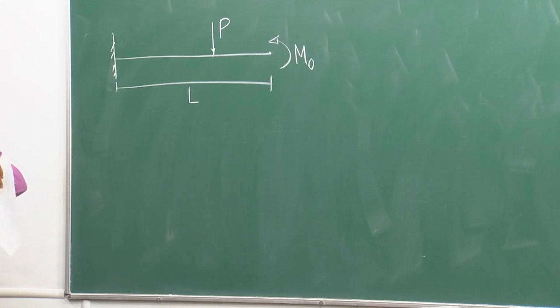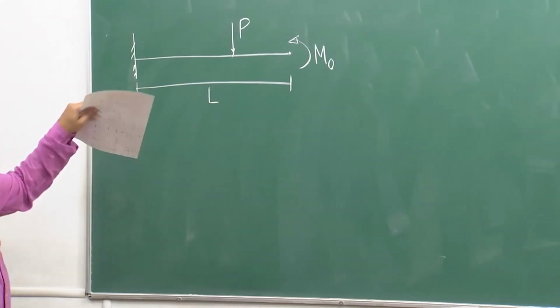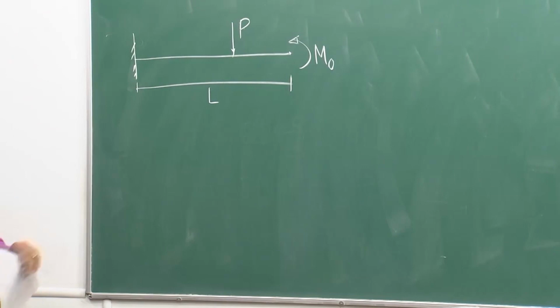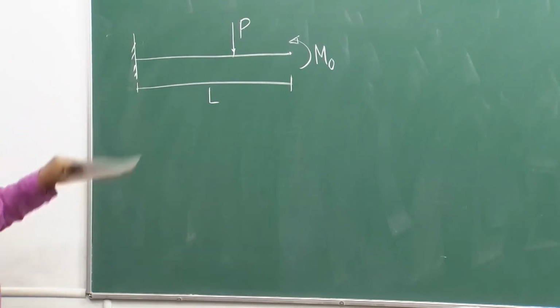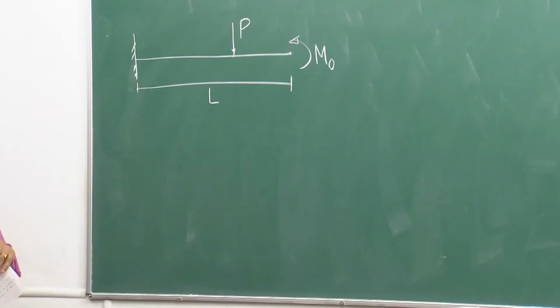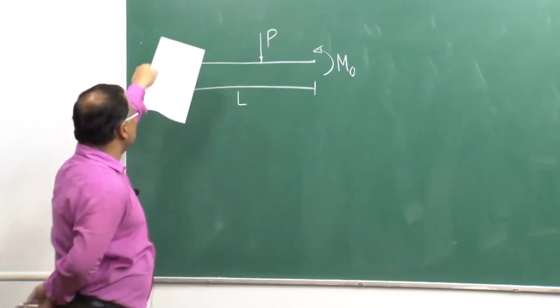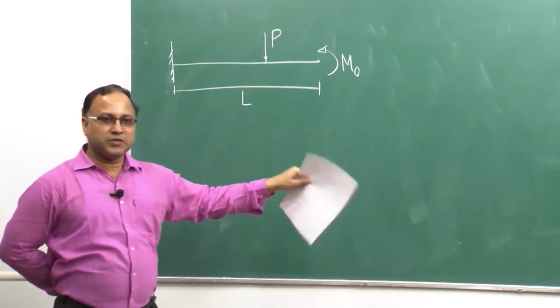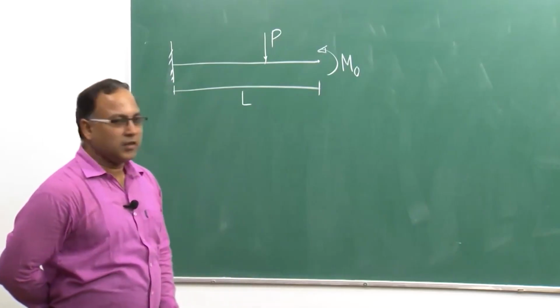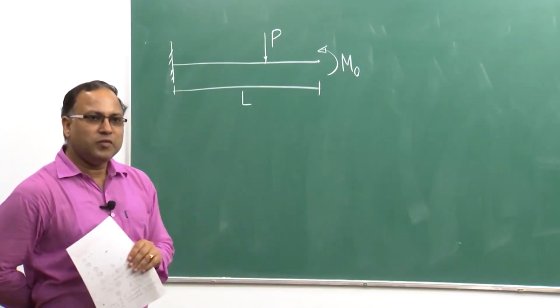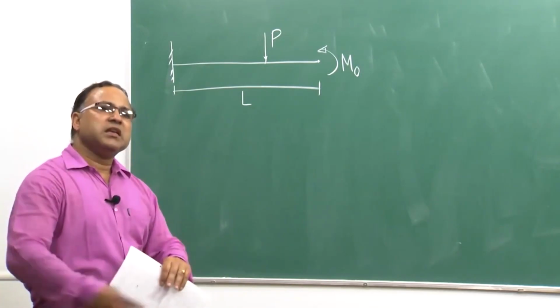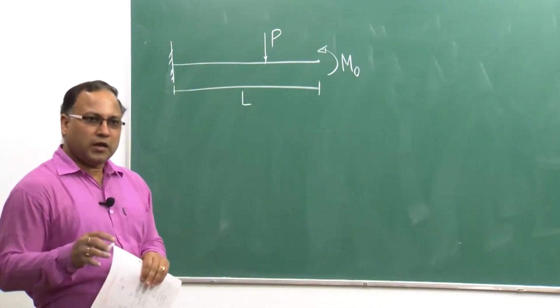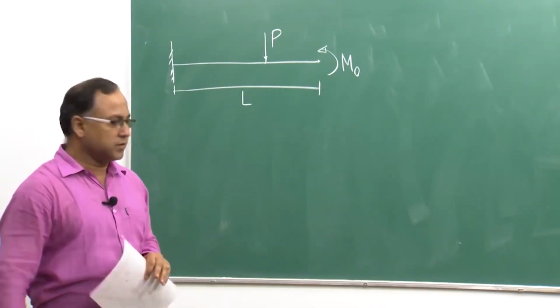Now, you can apply the moment curvature relationship in the original beam, and then you can find it out by taking two sections, as you have seen in the last numerical problem. In that way you can proceed. That will be a little bit lengthy process. I should not say complicated, but lengthy.